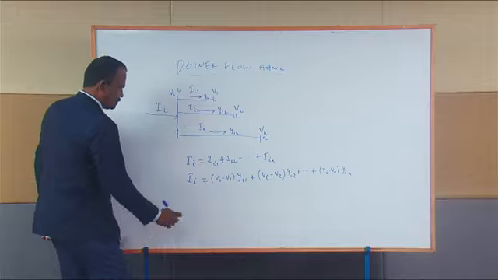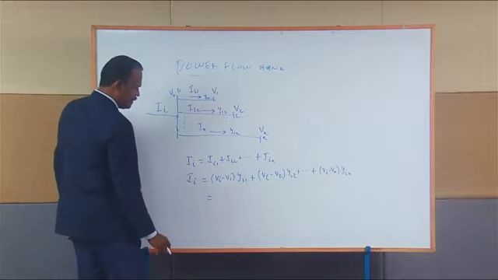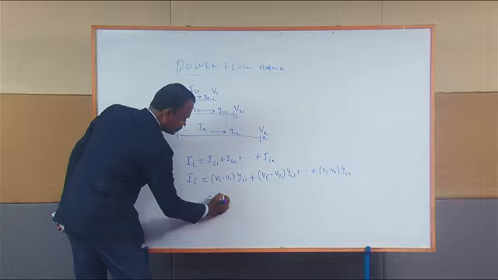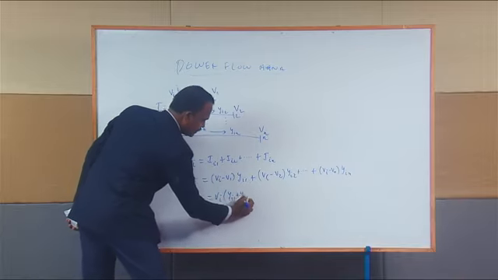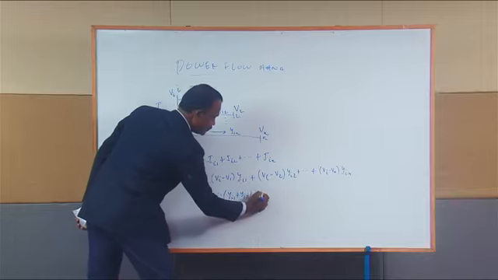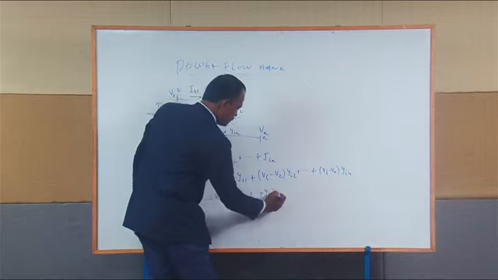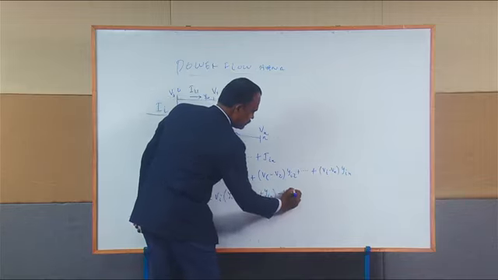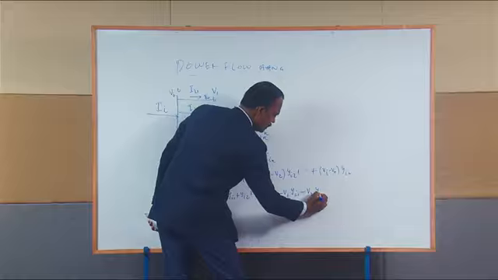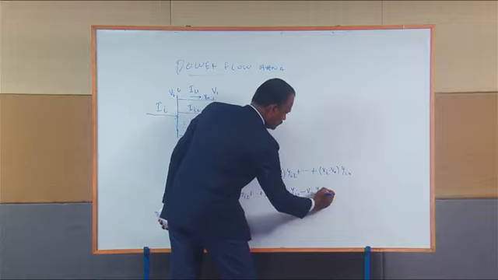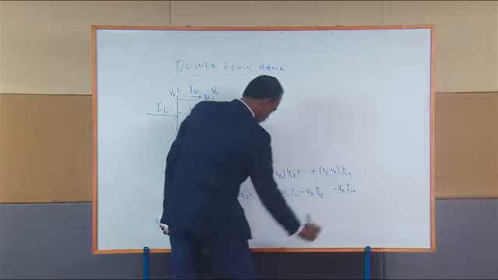Now I collect the similar terms here. Vi is common, so I'll take Vi outside: yi1 plus yi2, up to yin. Then the remaining terms: minus V1 yi1, minus V2 yi2, up to Vn yin.